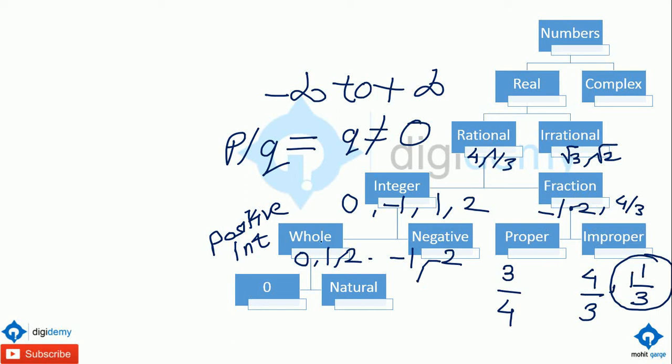Now the whole numbers are classified further. Whole numbers are classified as 0 and other whole numbers. So here it is 0, and natural numbers are known as 1, 2, 3, 4. These are natural numbers. So this is how the numbers are classified.